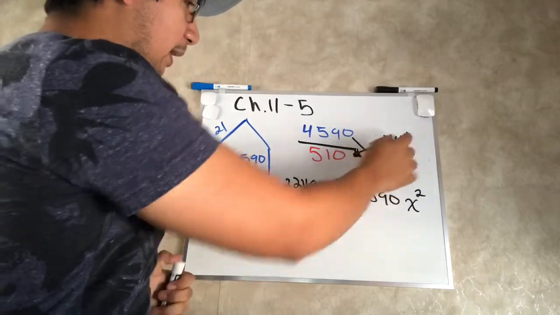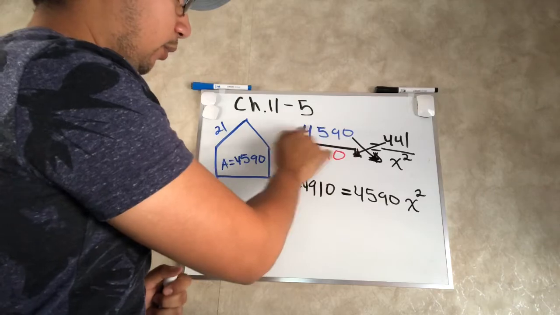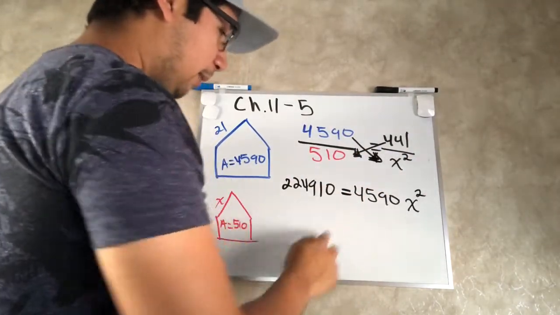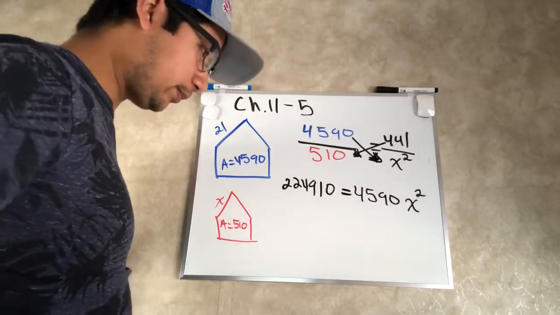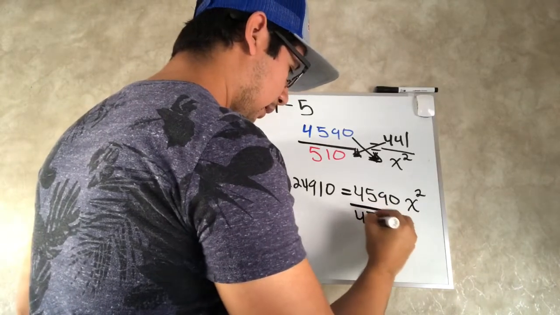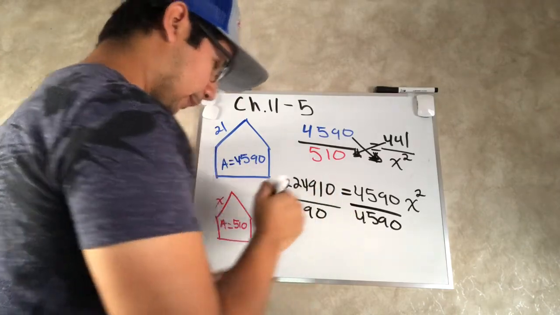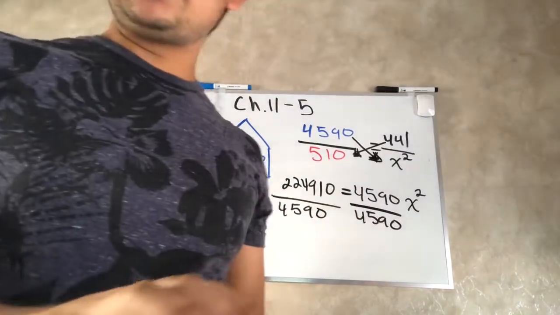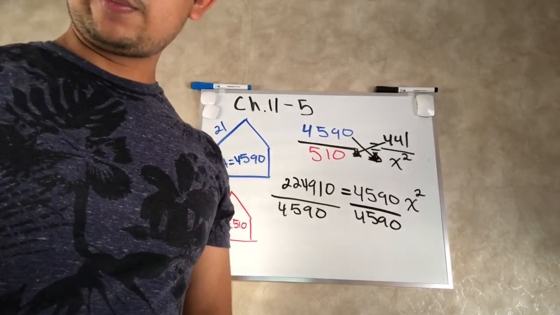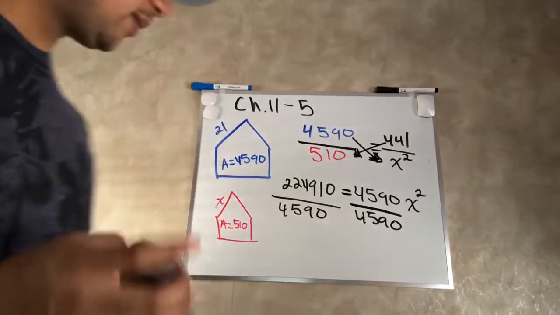We cross multiplied 441 times 510 and 4590 for the blue. So we cross multiplied both of these, and this is what we got. What we're gonna do now is we're gonna divide by 4590, both sides. So 224,910 divided by 4590, and that gives us 49.